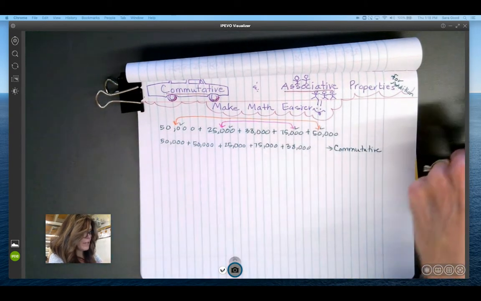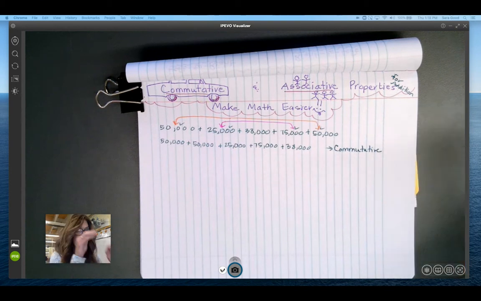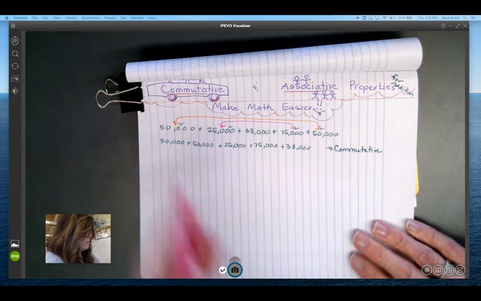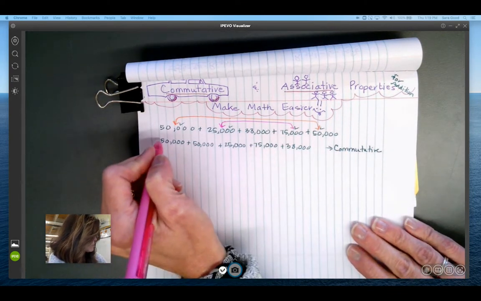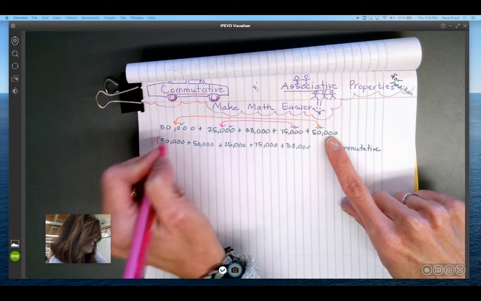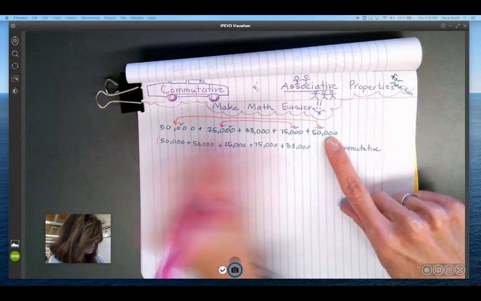Now, the associative property allows me to put things together so we can associate them and make our math easier. So we use parentheses for that, right? We're going to make them into nice friendly groups. We already said that we think 50,000 and 50,000 really work well together. They're friendly. So I'm going to put parentheses around them, I'll do orange.